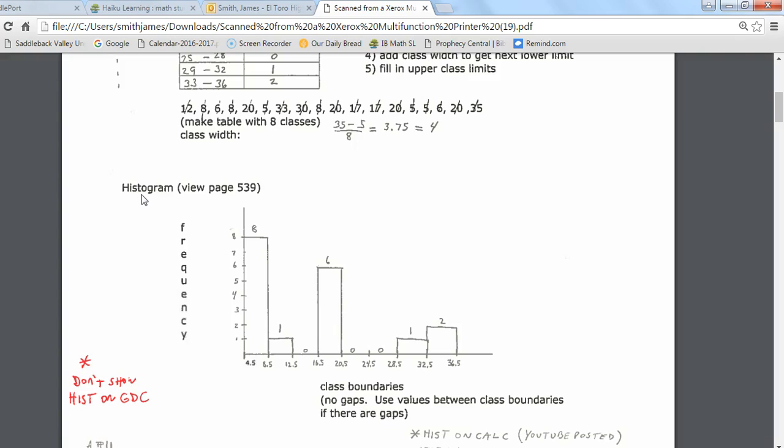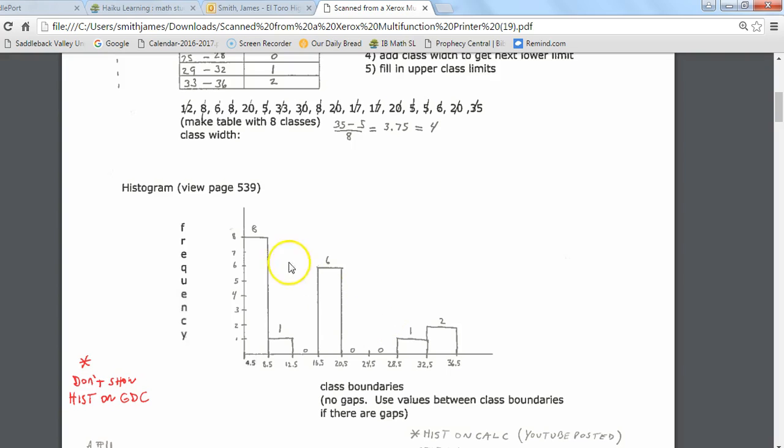There's other graphs like a box and whisker plot, and oftentimes the test might ask you for a histogram, but a student might make a box and whisker plot instead because they forgot their terminology. So just make sure that you understand what a histogram is and how we distinguish that between other graphs that we'll run into within our statistics chapter.